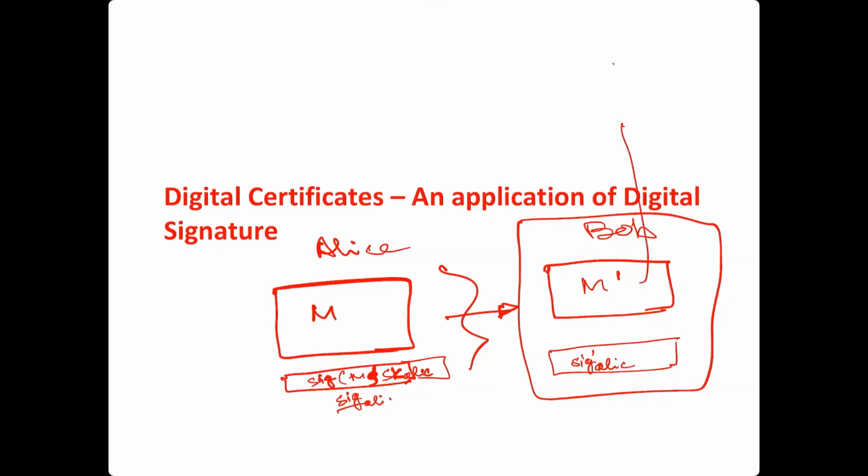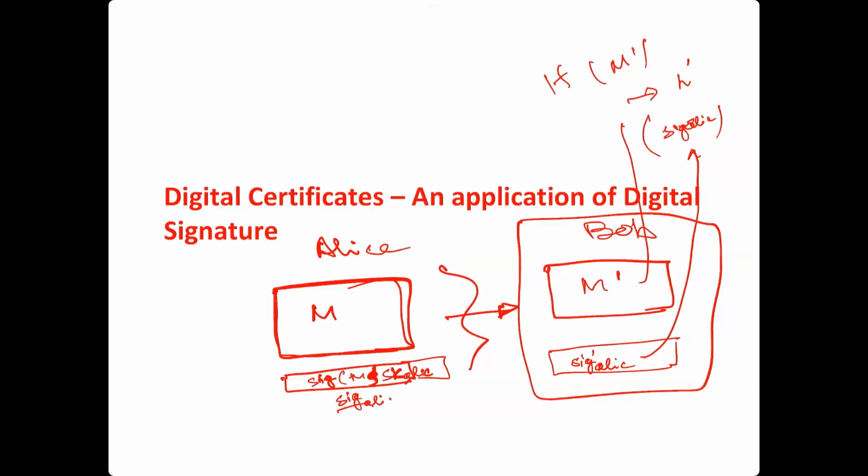He takes this M dash and applies H on that, because the H function is known, and gets some H output, say H dash. Then he takes the signature of Alice on this content and applies decryption using the same algorithm, say RSA.